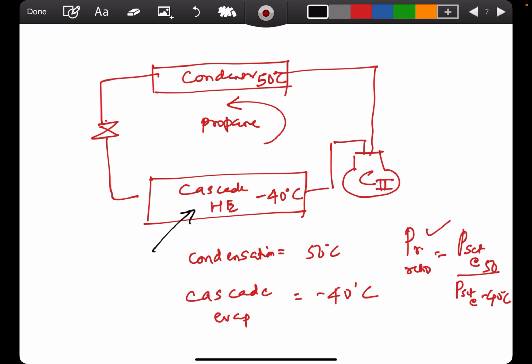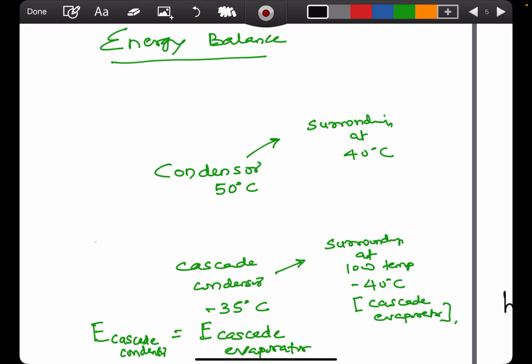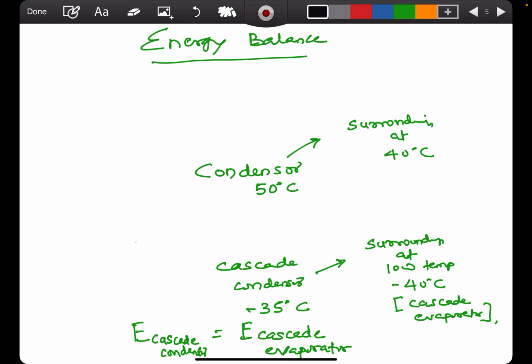That is, it will be taken by propane, which should evaporate at minus 40 degrees centigrade. So the energy exchange would be like this. The cascade condenser, which has ethane, would reject the heat, and the cascade evaporator, which has propane, would absorb the heat.